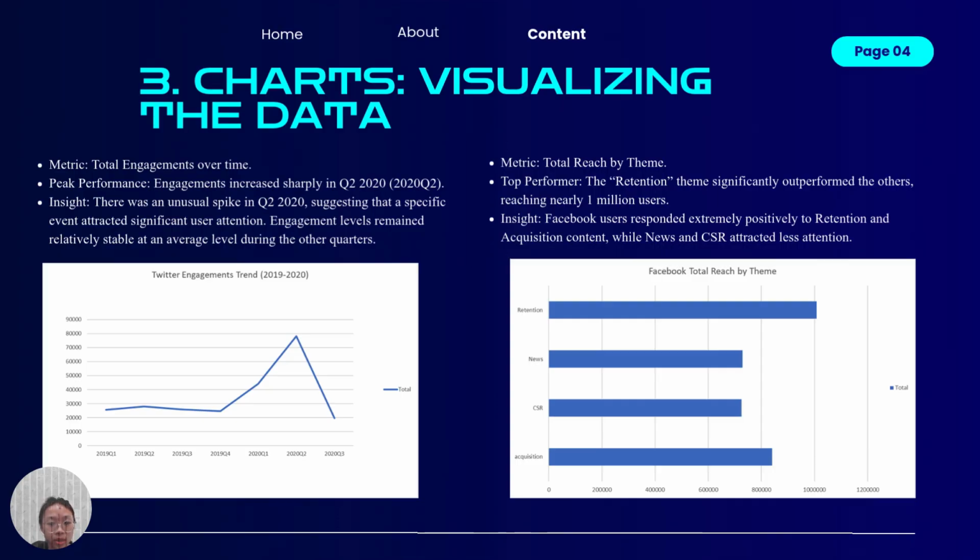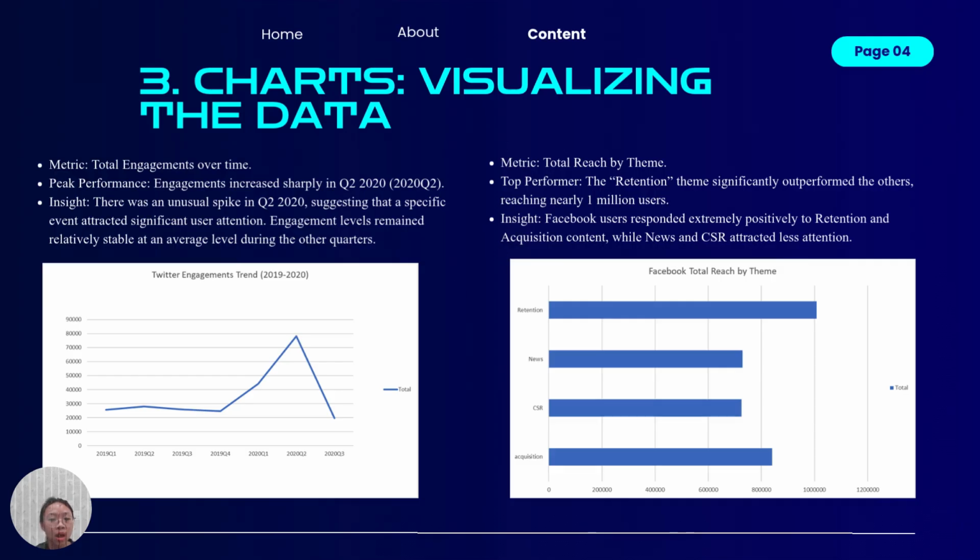from 2019 to 2020, we can easily spot a massive spike in performance during Q2 2020. Engagement spiked sharply, indicating that a specific campaign or timeline event during this quarter successfully triggered high audience interest.